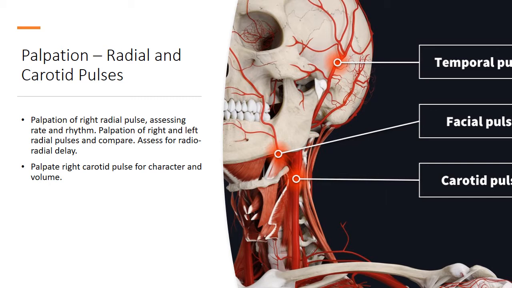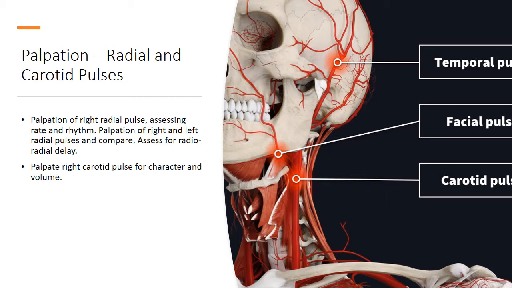Because this is a congenital malformation, it's often identified in children, but it can also remain unidentified until adulthood. And quite often, the reason that it's then identifiable is because of some other cardiovascular issue that then accentuates the narrowing of the aorta. For example, hypertension or ischemic heart disease.